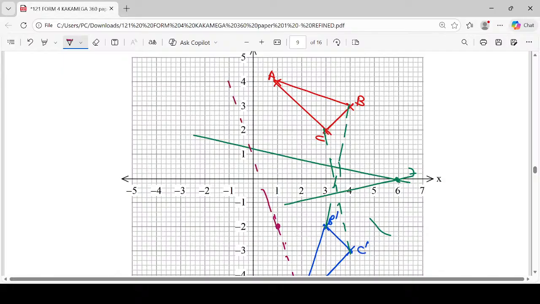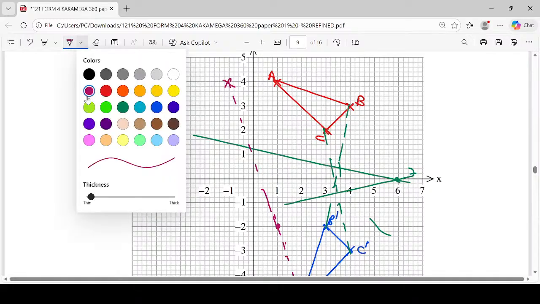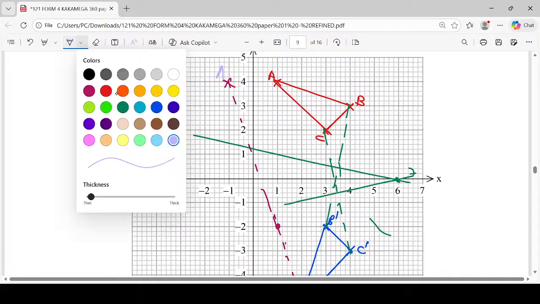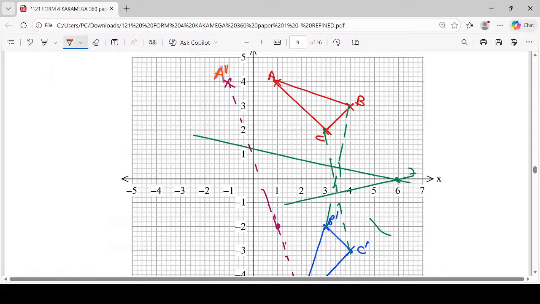That will be now my A double prime. This is the point. Let me use a different pen. A double prime.